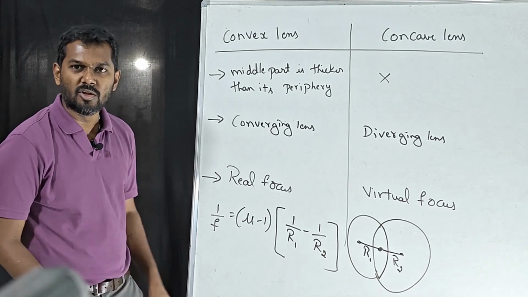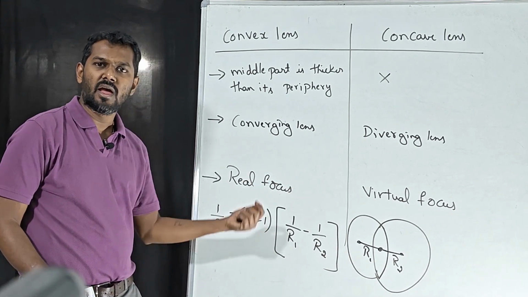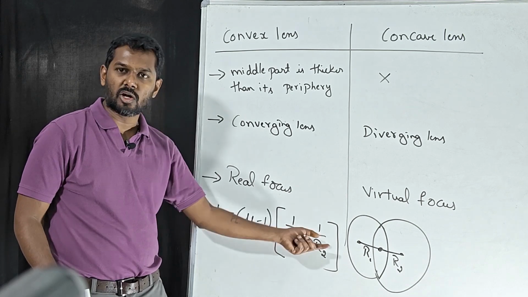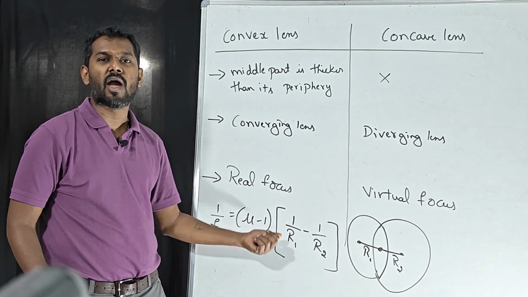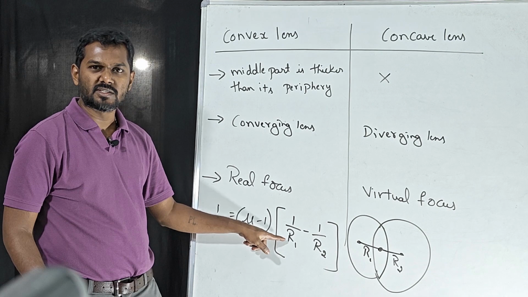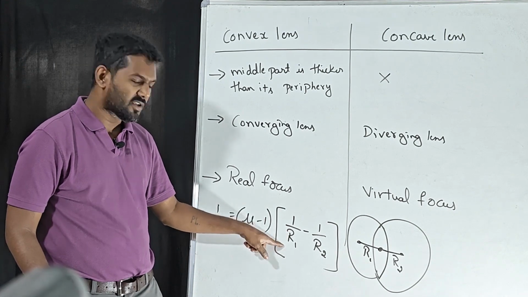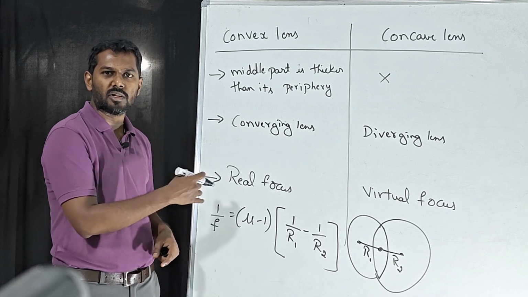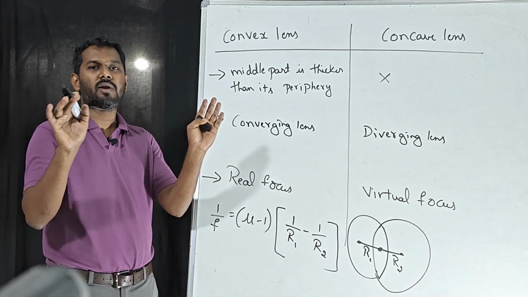Those values they will specify in the question. Which one do you have to take first? Why R1, why not R2 first? Whichever is greater, you have to put that first, then the smaller value. That's it. If you substitute all the values, definitely you will get the proper answer.